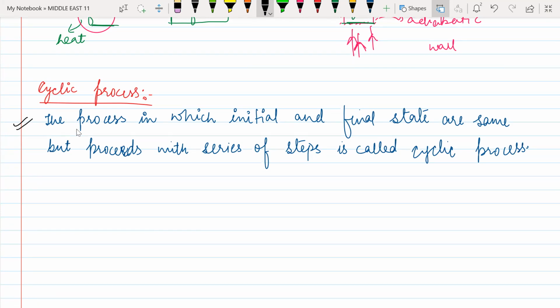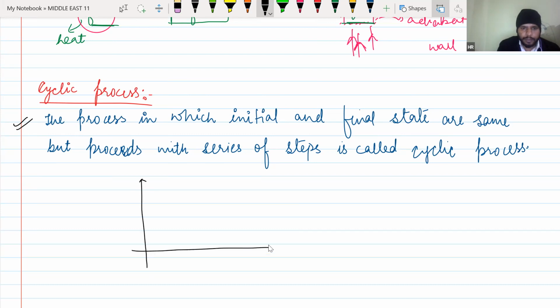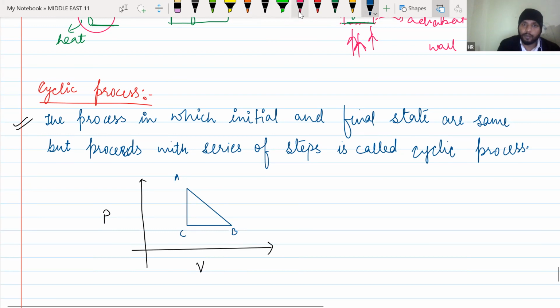Very good. Now you can see here I am going to draw a graph between P versus V. The graph is like this: A, B, C. The direction is important.